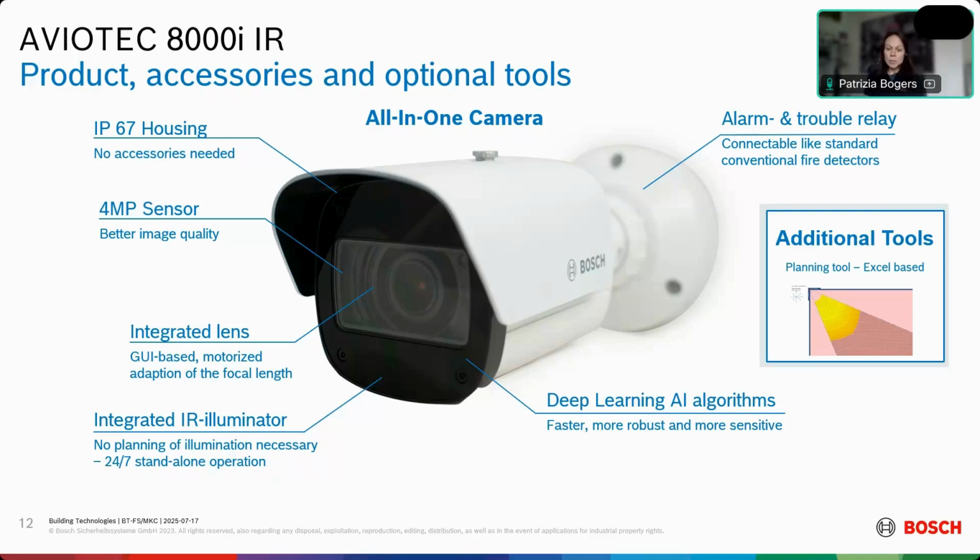The IR illuminator, we have already talked about, is directly activated when the light intensity is below 1 lux. The IR illuminator is automatically activated to ensure this all-around-the-clock detection with 24/7 standalone operation.